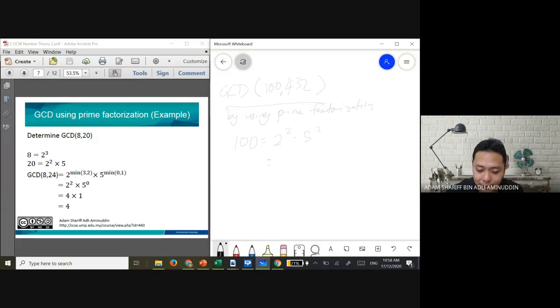4, 3, 2. Berapa? When you already factorize 432 into primes, then you can use the theorem. Cari dulu prime factorization of 432. And by using the theorem, you collect it to be representable as the same common prime. 2 minimum berapa? Kita dah ada dah untuk 100.